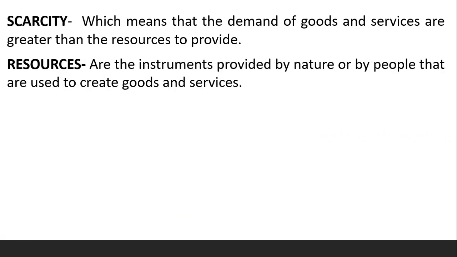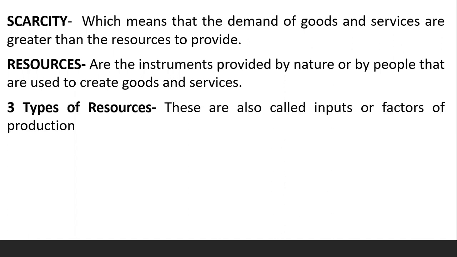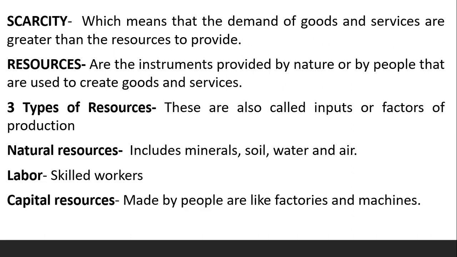Now, the resources that we have are provided by nature, which means we have naturally abundant resources in our surroundings. Now, let's focus on three types of resources. These are also called inputs or factors of production.